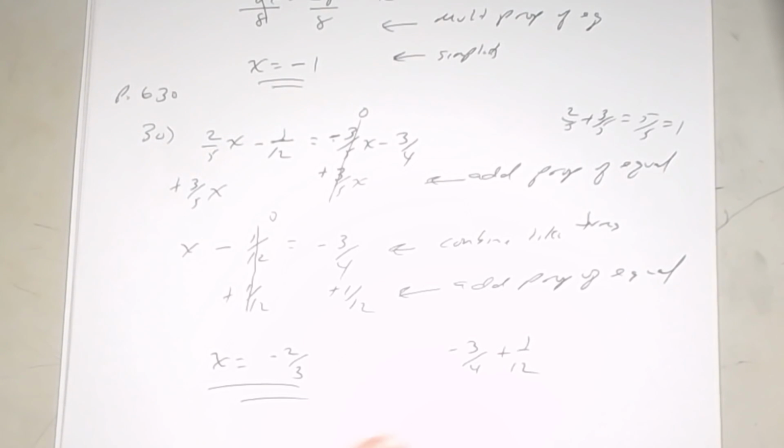So if you have trouble with numbers, if you don't fix this, you're gonna have trouble with variables. Okay? So the least common denominator is what here? 12.